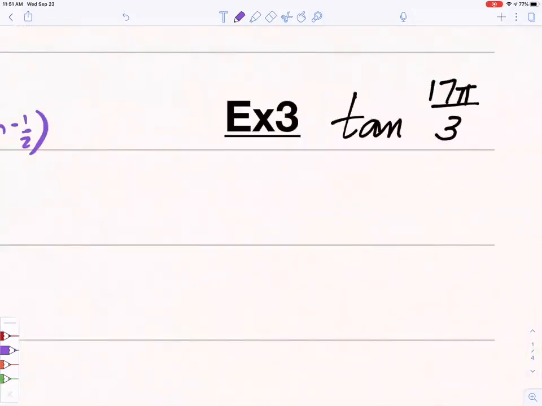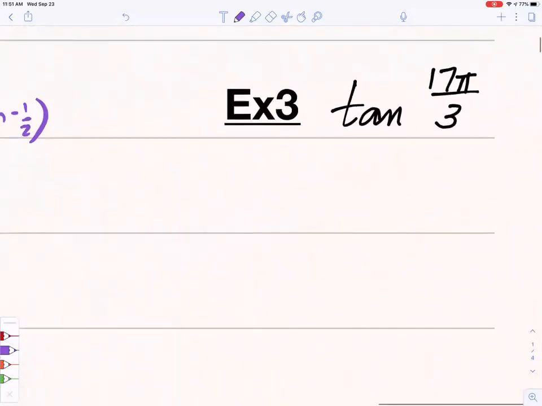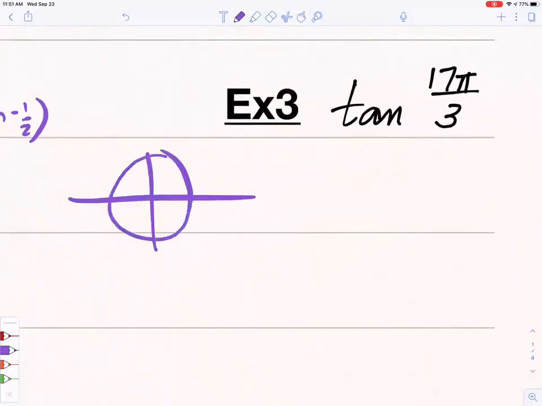Oh, this one's weird. I want to show you 2 different ways to do this one. The first way you could do this is to count all your pi over 3s until you get to 17. Let me show you what I mean.